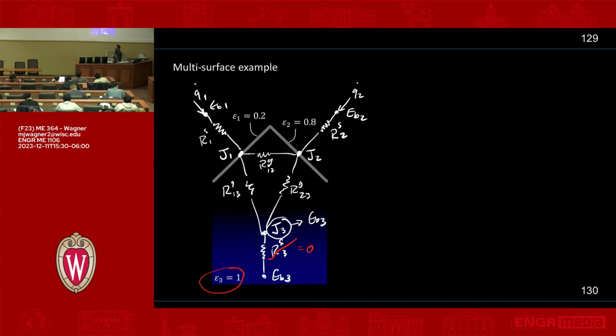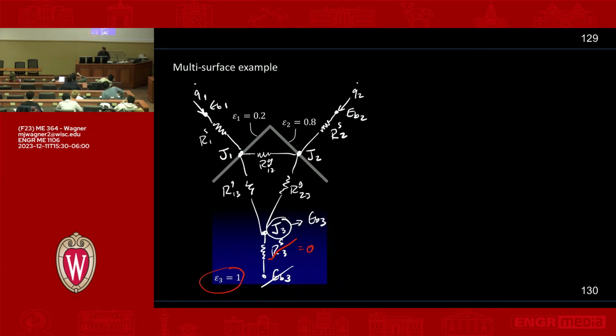If the resistance is 0, the radiosity is the same thing as the blackbody emissive power, so we can just put EB3 at the node where the radiosity was. And then we don't need to deal with J3 at all. It just replaces it. But in the other two cases, the radiosity and the emissive power are different things.